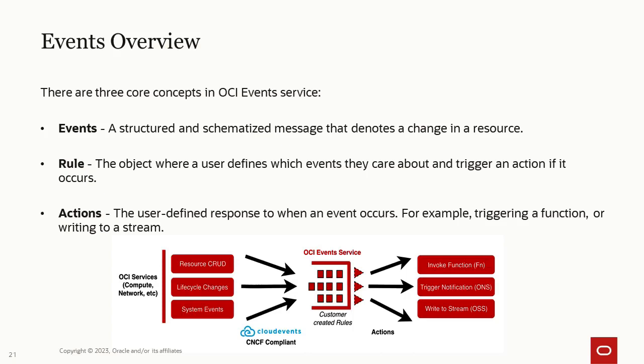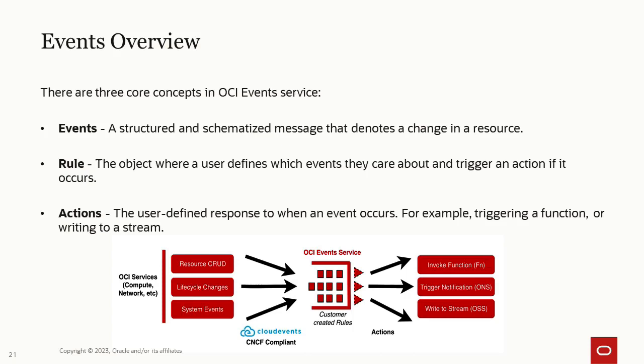Those are actions on the right-hand side. As I mentioned before, it can be publishing a message to a stream, sending notification, or invoking function to perform an action. Events are going to be Cloud Native Computing Foundation compliant, and they also can be accessible through the console, REST APIs, SDKs, CLI, or even Terraform.